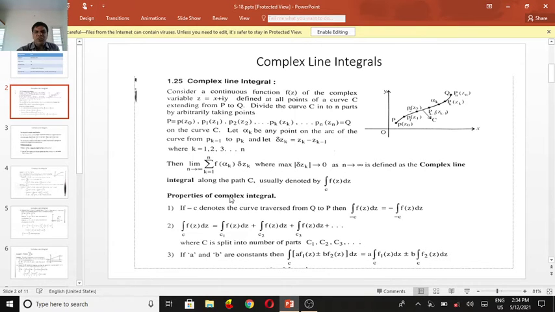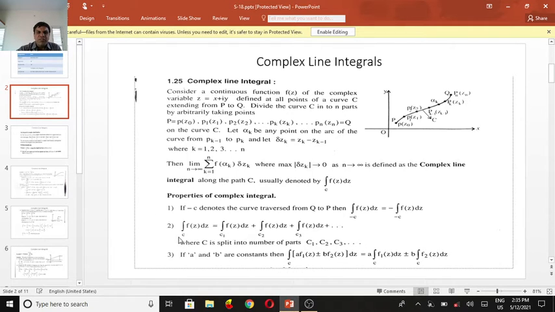If minus C denotes the curve traversed from Q to P, then the integral over minus C of f of z dz is equal to minus the integral over C of f of z dz.